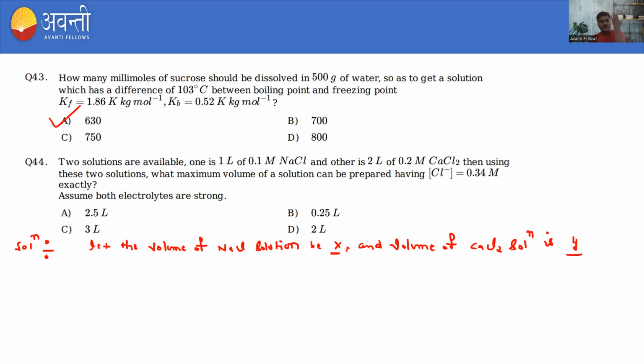So let the volume of NaCl solution be X and the volume of CaCl2 solution be Y.